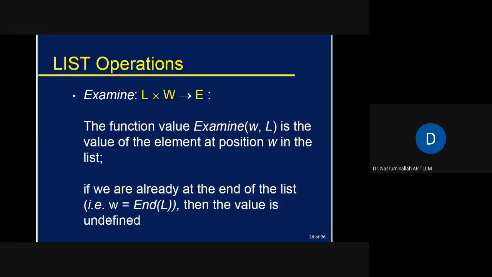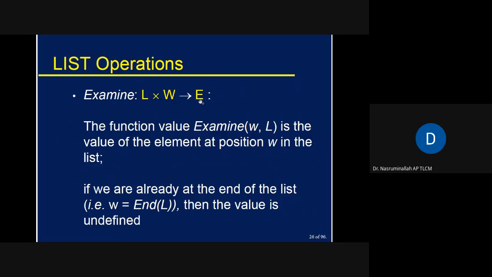Using the examine operation, you can extract some specific element from the list, and then you can perform different operations. You can make its copy, you can examine its different values, etc. So for the examine operation, you need to pass the list and the current window location where your focus is, or the window location from where you want to extract the element, and that element will be returned.